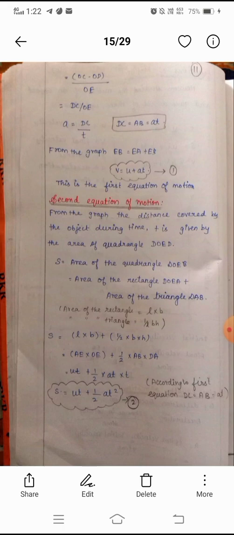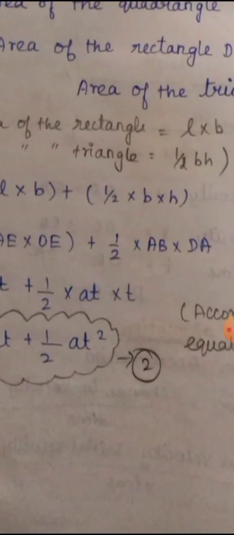So S is equal to the area of the rectangle DOEA plus the area of the triangle. Area of the rectangle is length into breadth, plus area of the triangle is half BH.